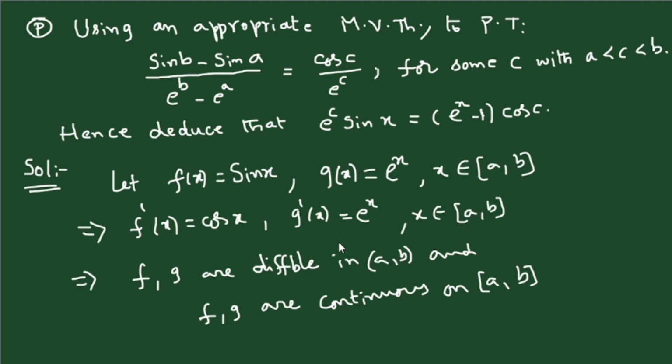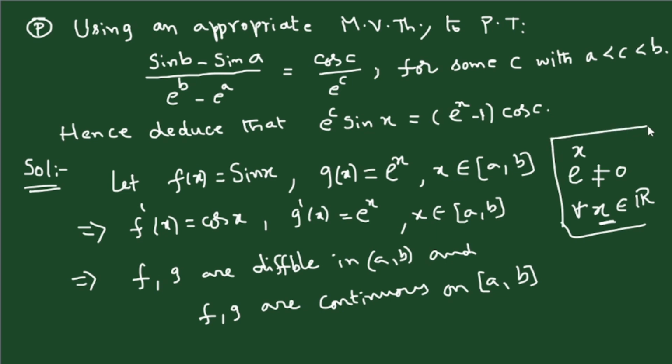But what is g'(x)? Exponential function. You remember this? Exponential function is never 0. e^x is not equal to 0 for any x belonging to the real line. Whatever number you take, x real number, e^x cannot be 0. Therefore, here g' is e^x only, right?